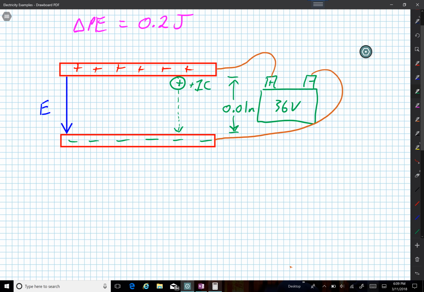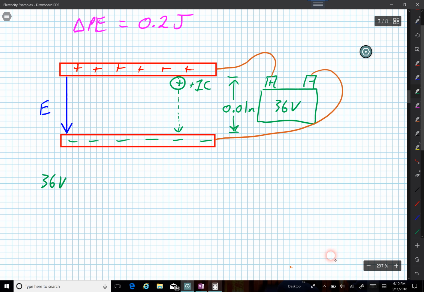And by the time it gets from the positive plate to the negative plate, its potential energy is going to have to go down. That's the force at a distance. It wants to get to lower potential energy. The negative plate for a positive charge is lower potential energy. We'll call that 0 PE. So it's going to change its potential energy by moving from the top plate to the bottom plate. Well, that's exactly what voltage tells me. Remember, voltage is normalized PE.